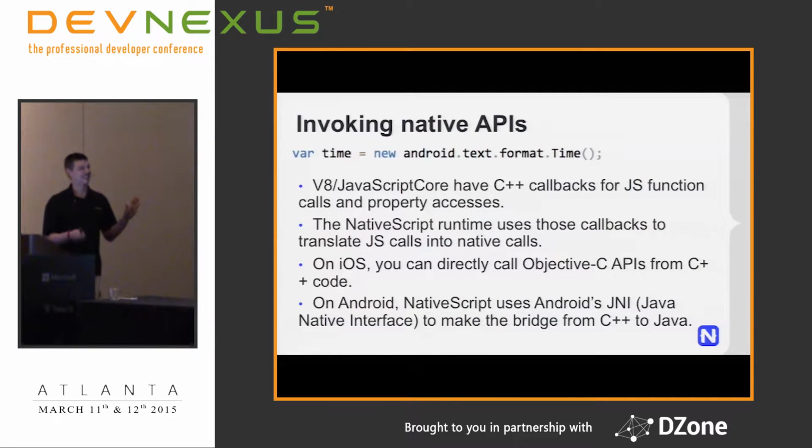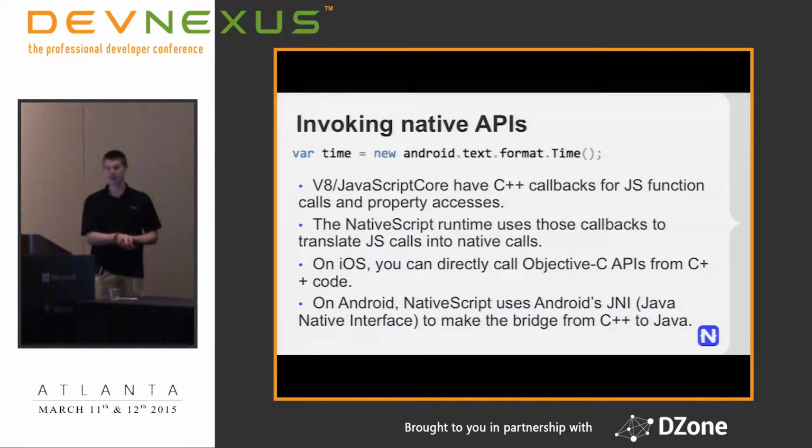So the last piece of the puzzle, and I promise I'll move on from the tech deep dive here: if we go back to this line of code, this runs on V8. NativeScript's metadata process is how it knows about all these APIs. But the last piece of the puzzle is how does NativeScript actually make the true bridge? That is, when that time call happens in JavaScript, because that'll happen in V8, how does NativeScript then know that it needs to instantiate a Java time object?